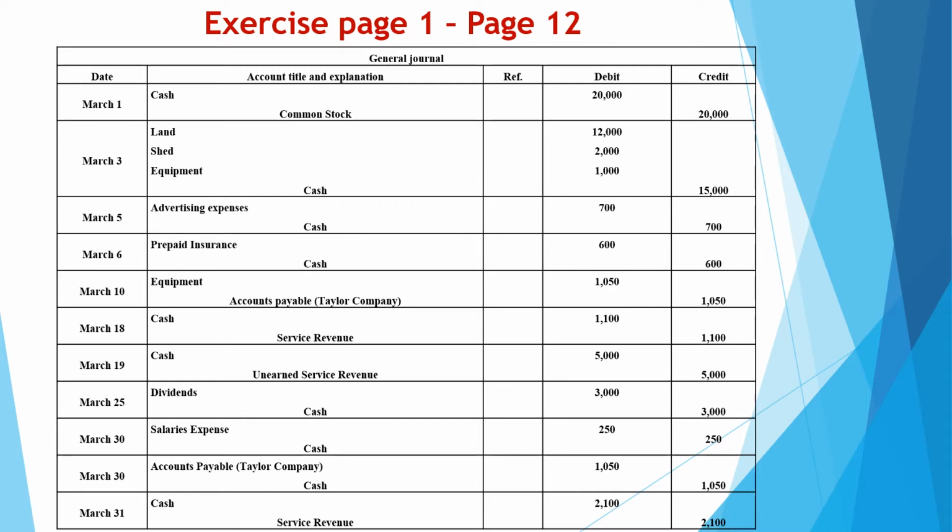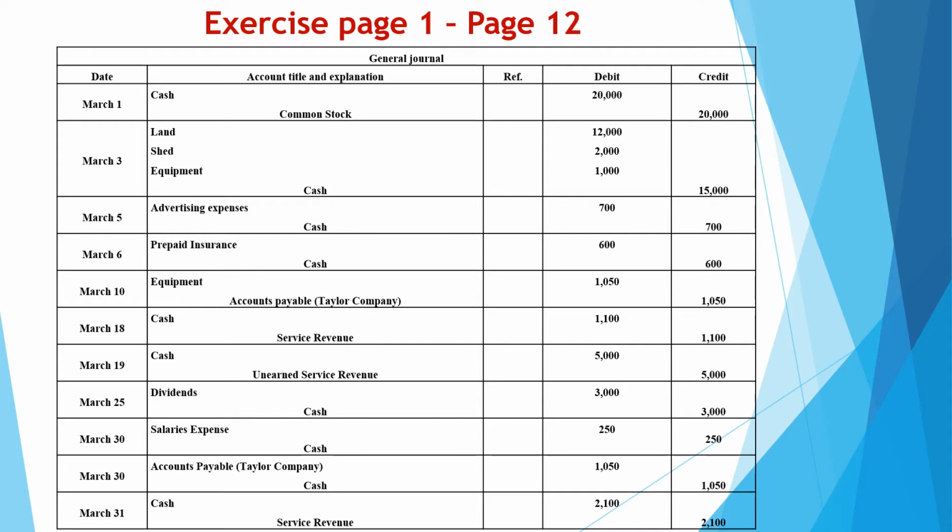The prepaid insurance is an asset, and when we purchase it, the asset increases, so it is recorded in debit. When paying cash, the cash decreases and it is recorded in credit. So in this example, we have prepaid insurance for 600 in debit and cash 600 in credit.